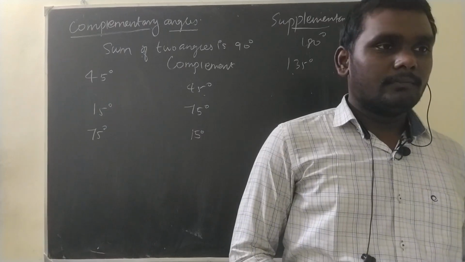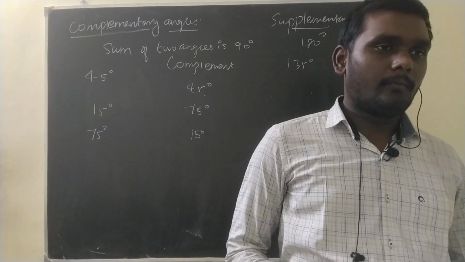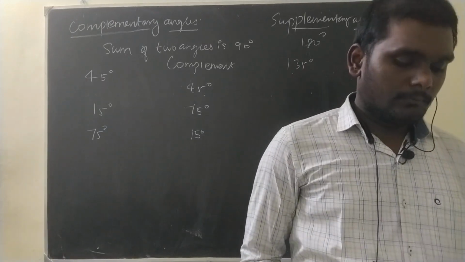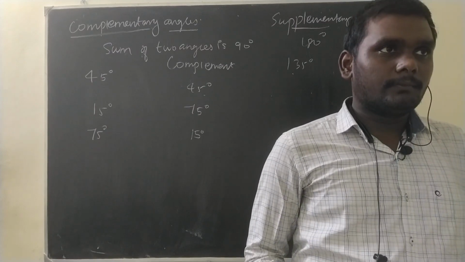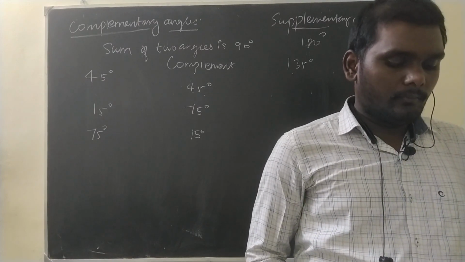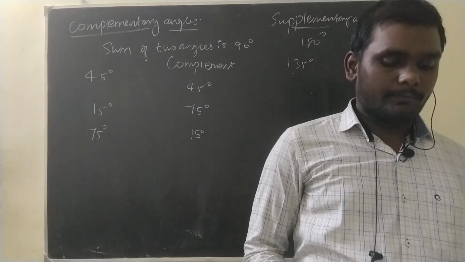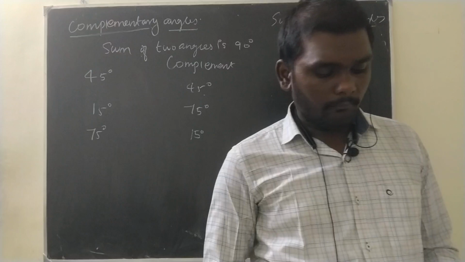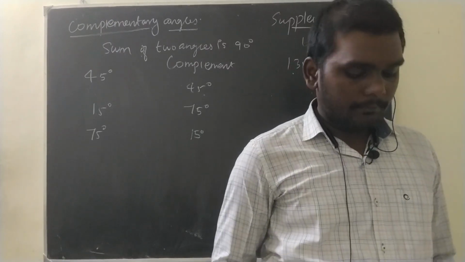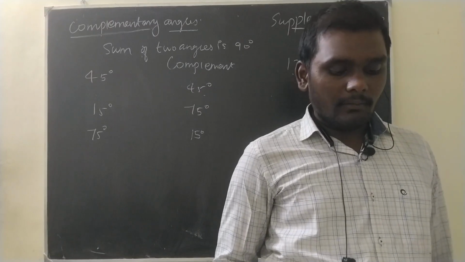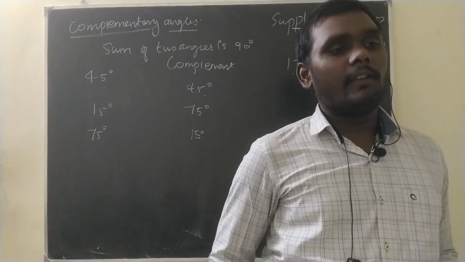Then the supplement of the remaining, 105. 75 and this second one 93. Perfect. Then 154. 26. Perfect. Then the third question. Identify which of the following pairs are complementary and which are supplementary. The question is 65 and 115.